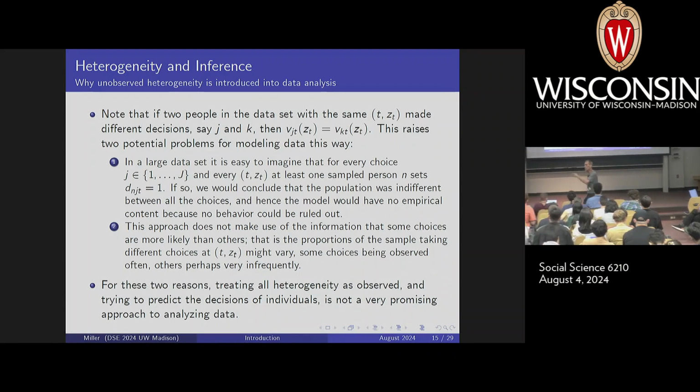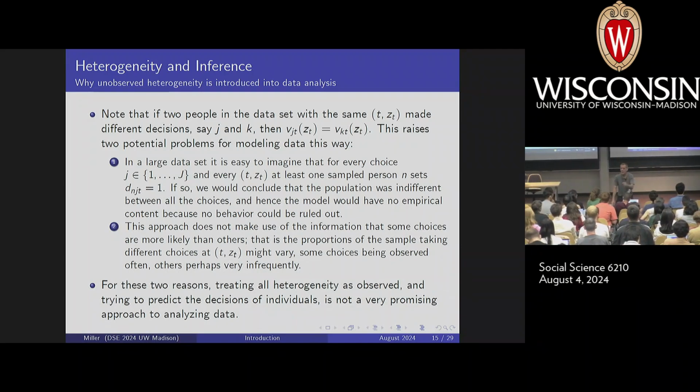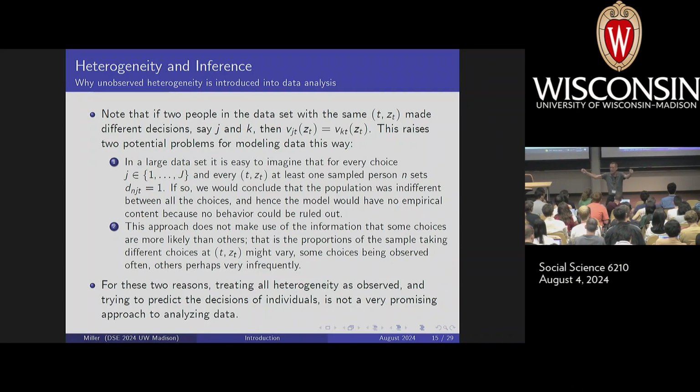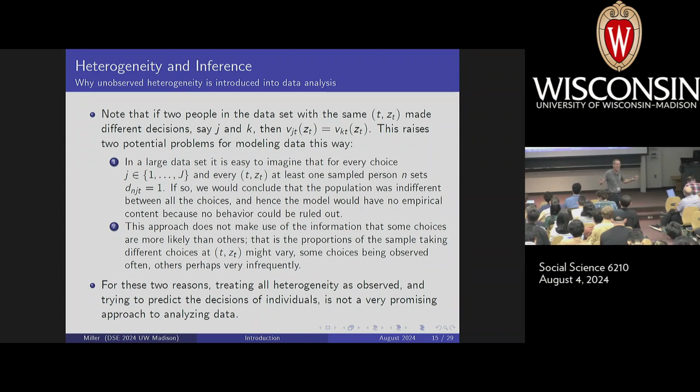How would you be able to predict what people are going to do when they could do any one of these things? You saw all the z's. For all the z's, they do different things. What's the empirical content? What can you say? Well, they could do one of these different things. How much will people pay you to tell you that? Zero. Okay?